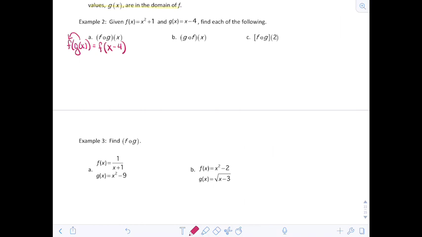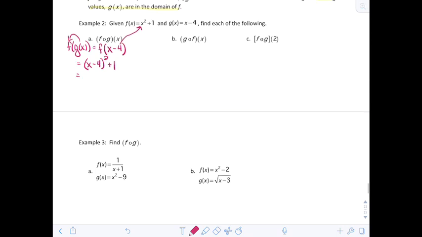So f of x minus 4 means I'm going to go to f, and wherever I see an x, I'm going to plug in x minus 4. So as I do that, I have x minus 4 squared and then plus 1. And so that's the composition right there, but we are going to simplify this.